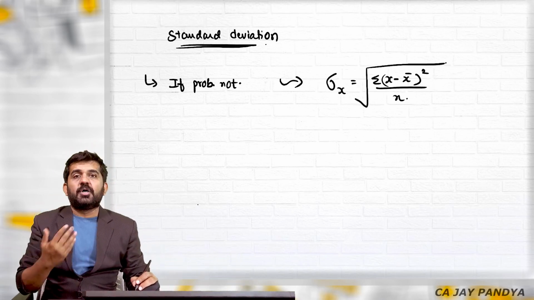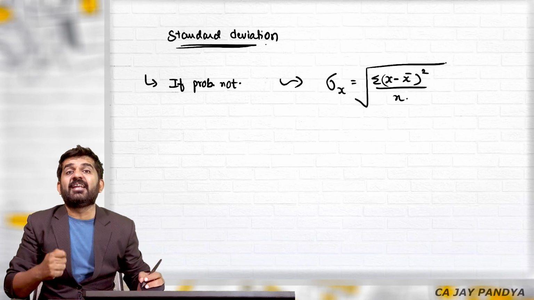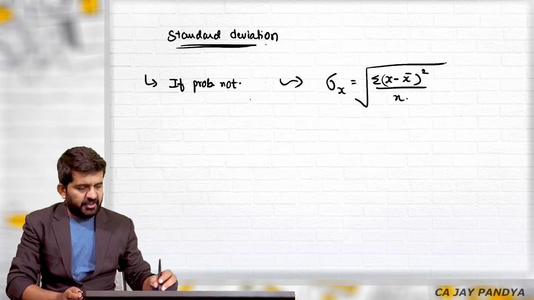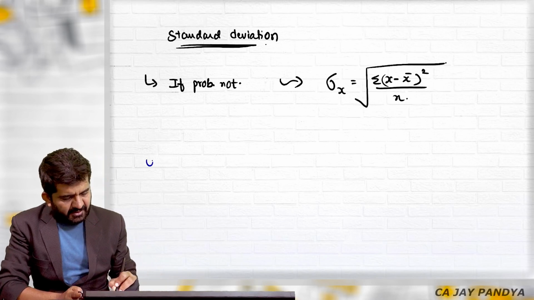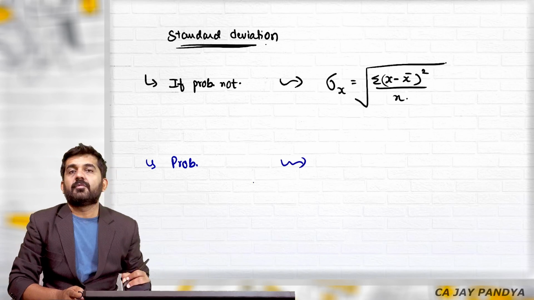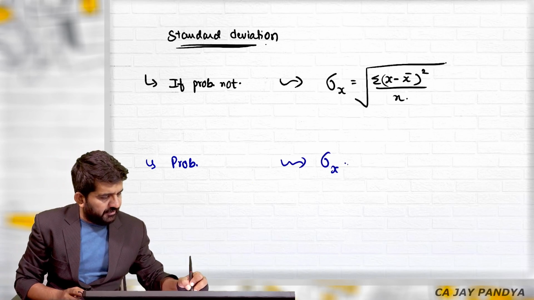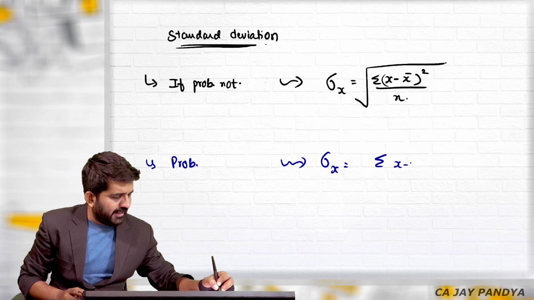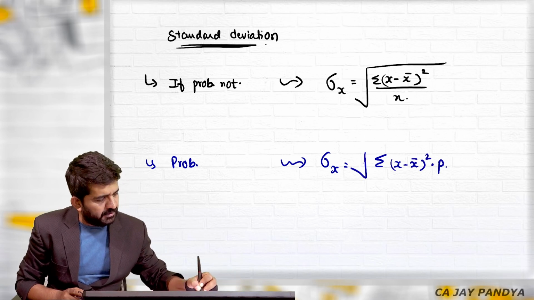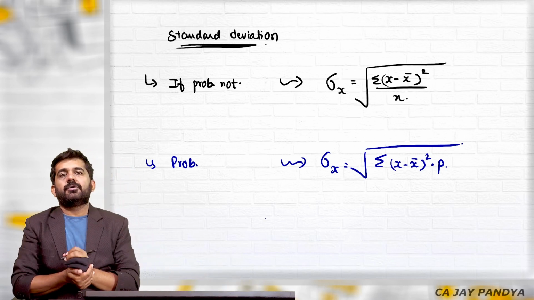If you don't do under root, the answer will be of variance. If you do under root, the answer will be of standard deviation. If probability is available, how I find out standard deviation of x is sigma x minus x bar whole square into p. Again, under root.